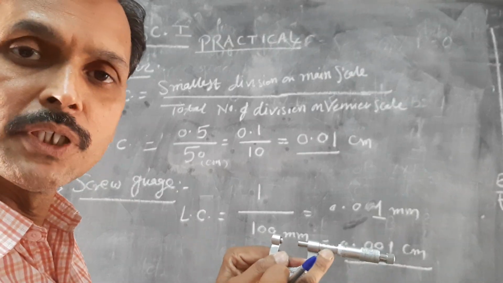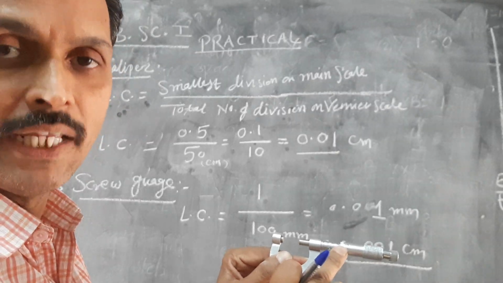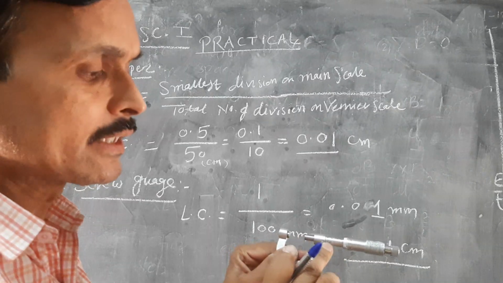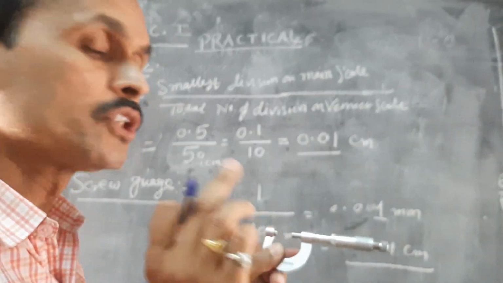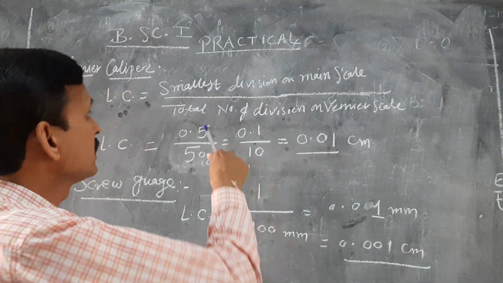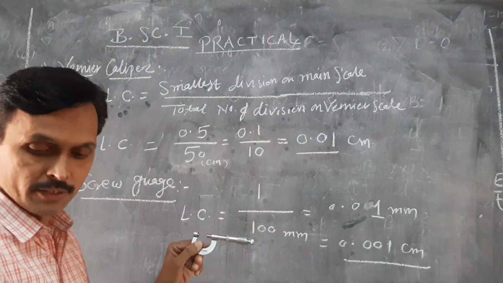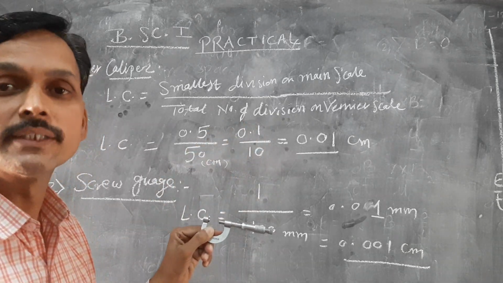In some screw gauges, you may find 0 to 10 lines or divisions. Again, if you want to determine the least count of the screw gauge, then we have to utilize the same formula: the smallest division on the main scale divided by the total number of divisions on the circular scale.